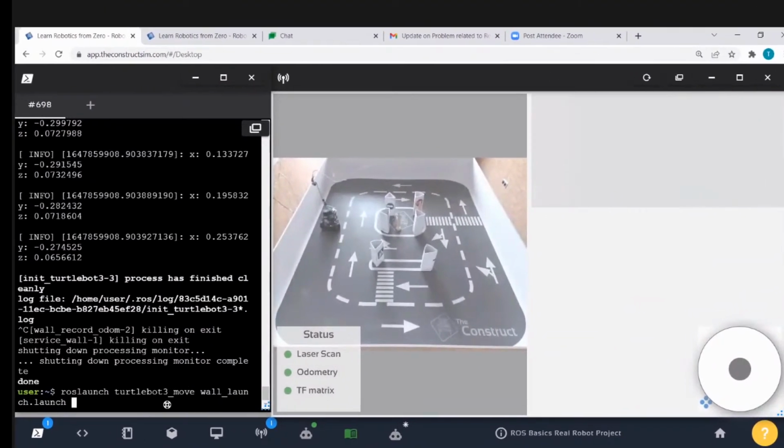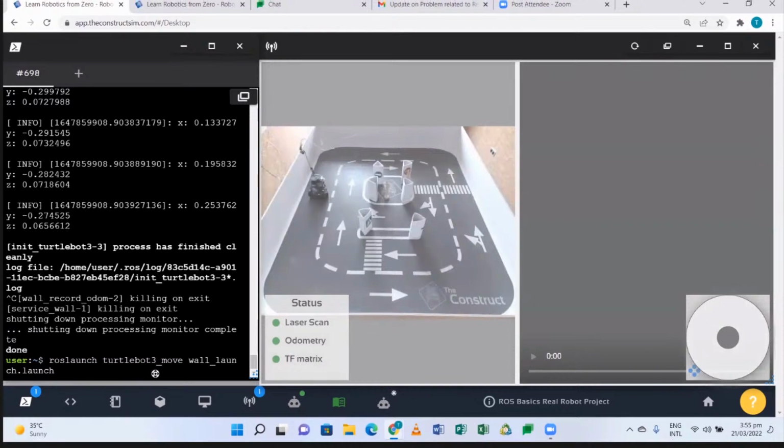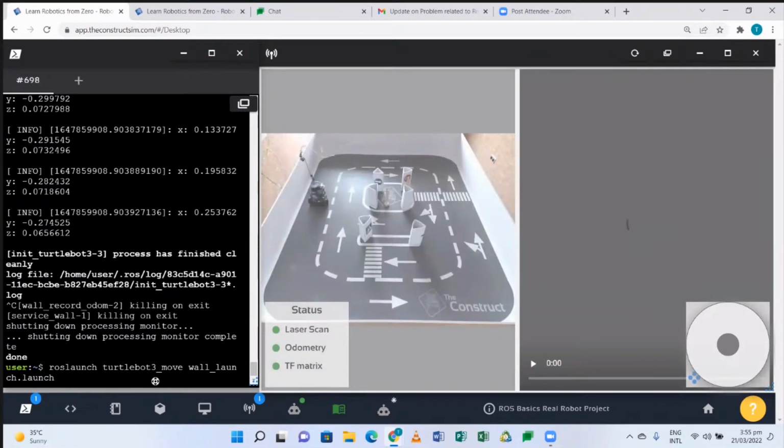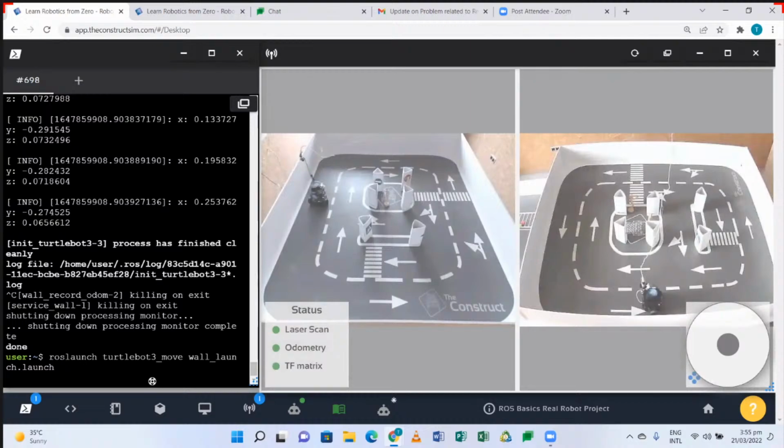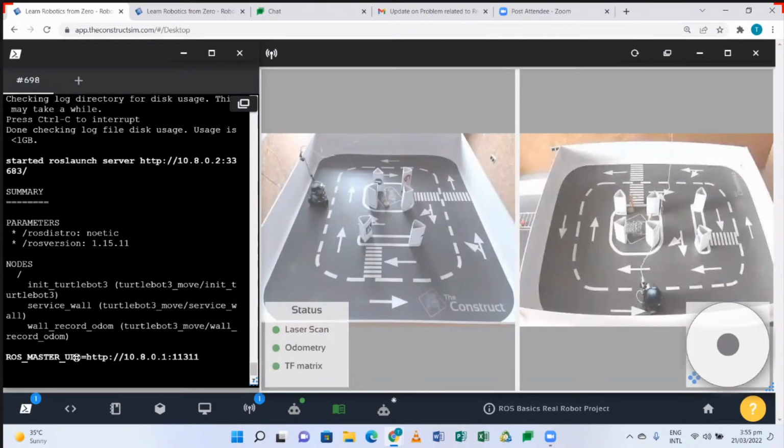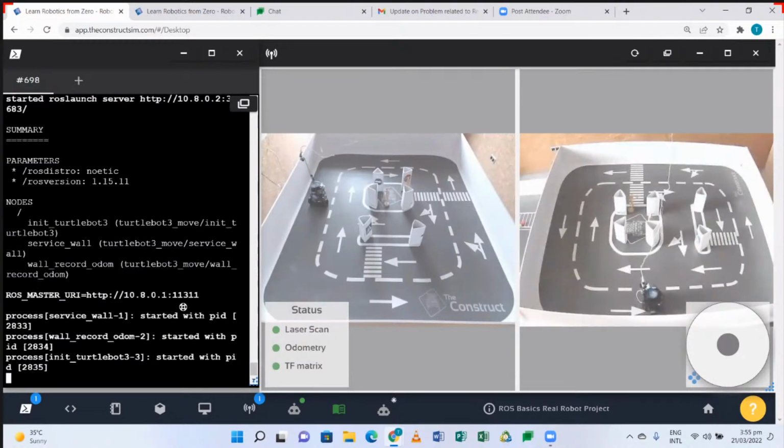Now here I'm going to launch my launch file, which includes the three nodes. While it's doing its thing, you can explain what it's doing.